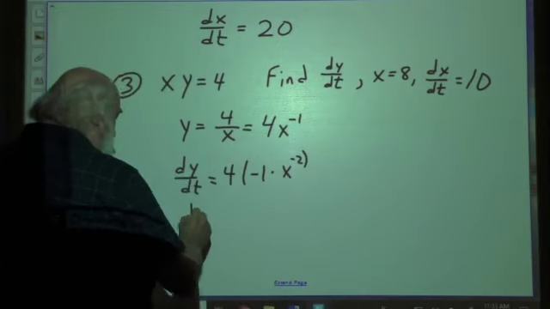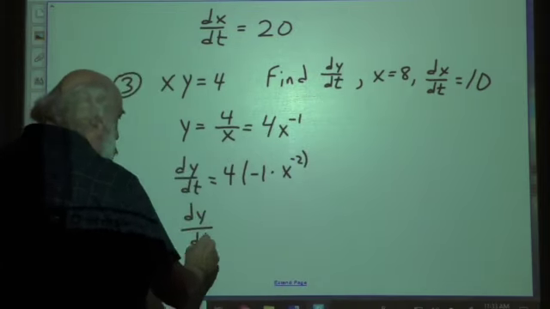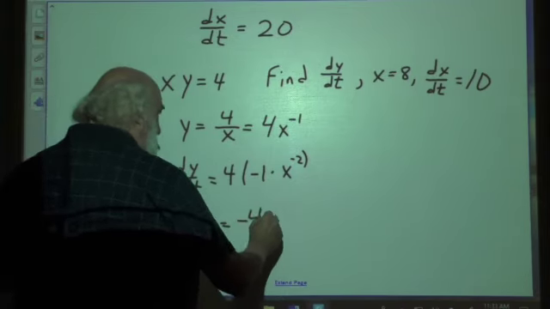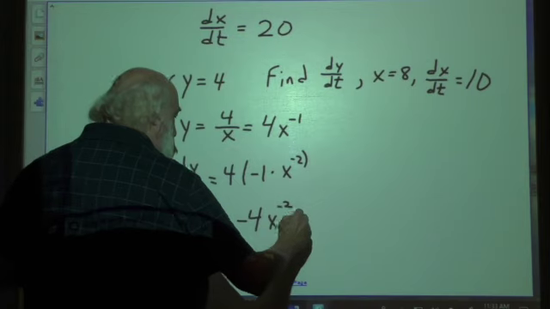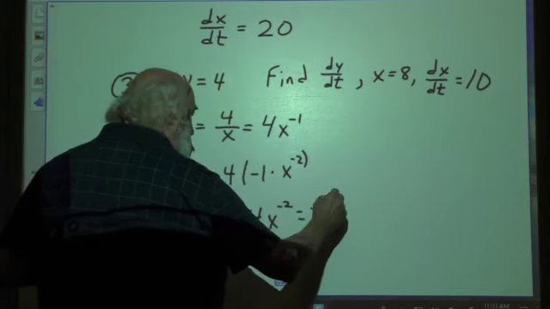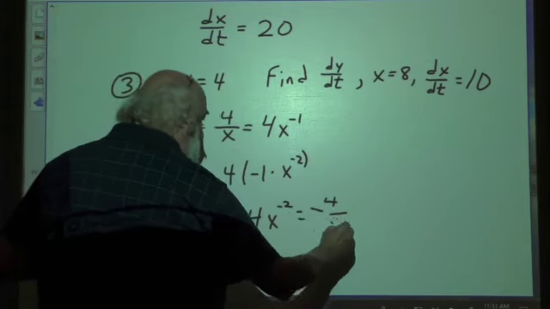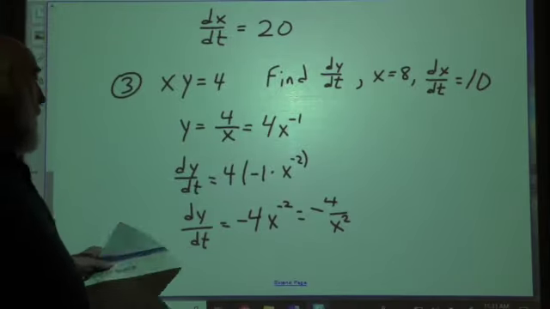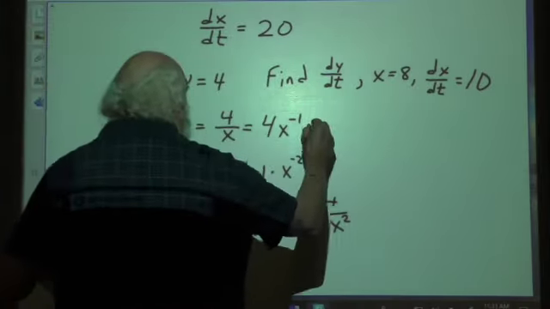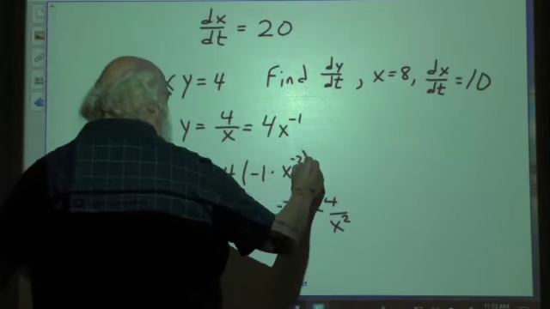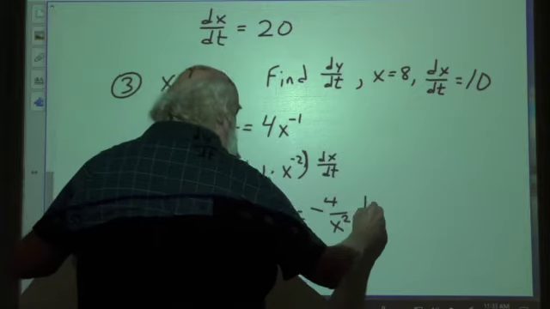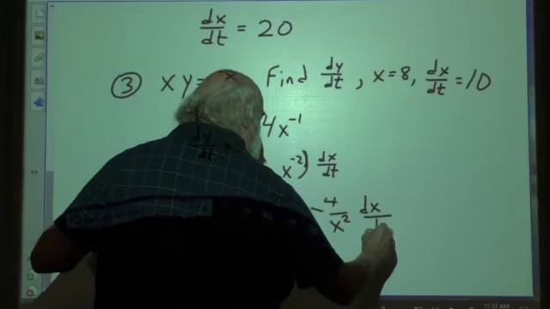So when the dust clears, we get -4x to the -2, which is -4 over x squared, times dx/dt.